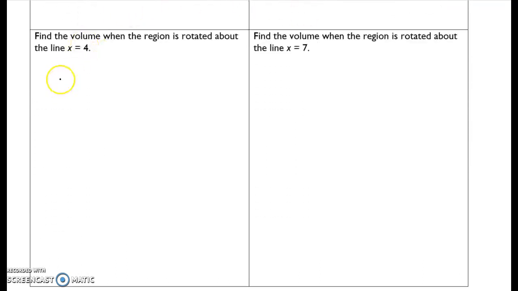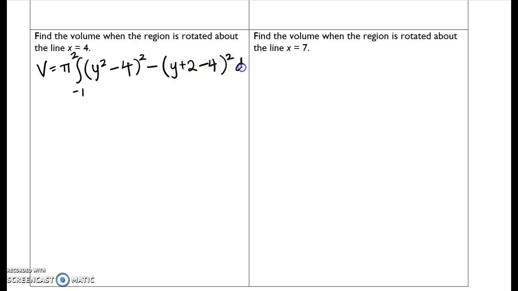So if we want to find that volume, same idea, pi, we're still going to have the integral from -1 to 2. Our outer function is now y squared minus our axis, which is 4, all squared, minus y plus 2, our closer function, minus 4 quantity squared, dy.